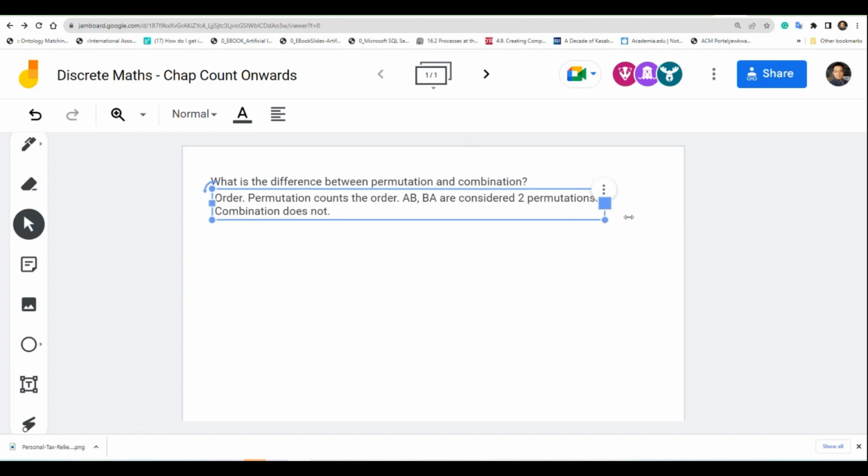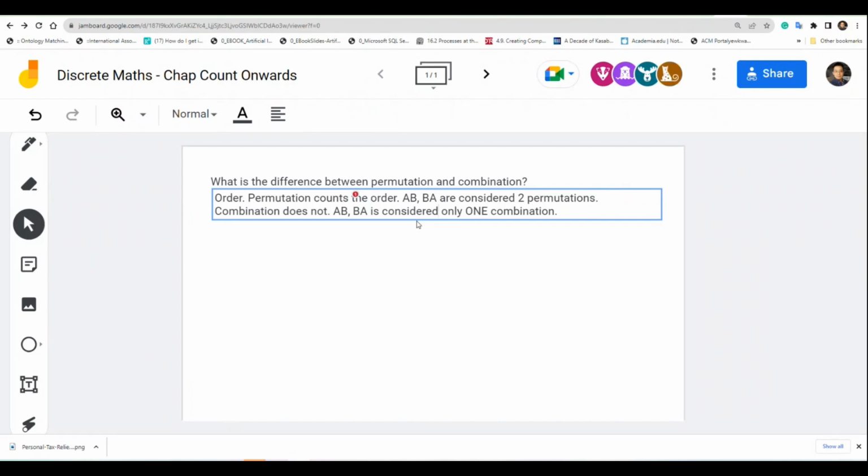Now, on the other hand, for combination, AB or BA is considered only 1 combination. Because you see, the order is not important. As long as AB or BA.